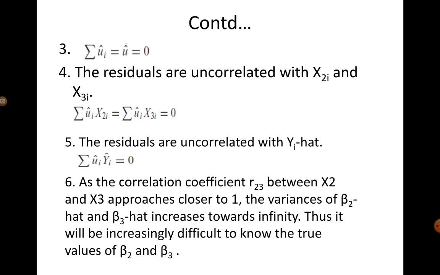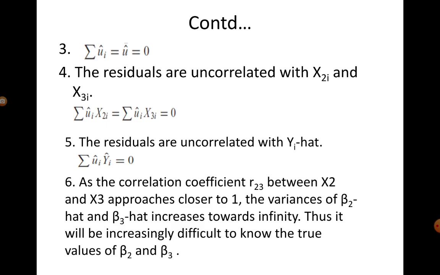If you're confused about this, you just have a look at the formula for variance of beta 2 and beta 3 that I had shown in the slides in the earlier video. You can see that the R23, the correlation coefficient term, appears in the denominator of the variance measure.